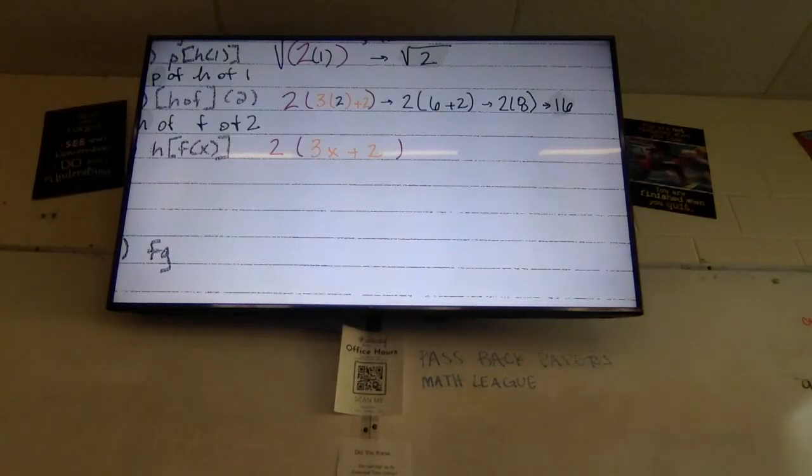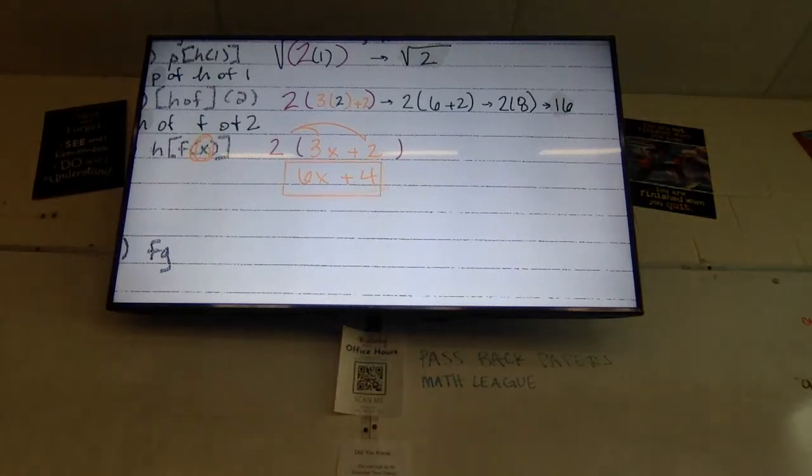And do I plug anything in for X this time? Why not? Because it's just X on the inside. It's not an actual number. And so now we're not going to get a whole number when we simplify. We're just going to distribute and go from there. So I get 6X plus 4. That is your answer. That's my composition of those functions. I combine them by putting one into the other.